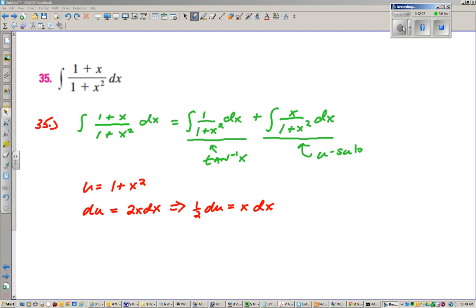Number 35 might cause a little bit of problem in that you might not see that there's a common denominator here, and that the integral can actually be simplified or split up into two integrals.